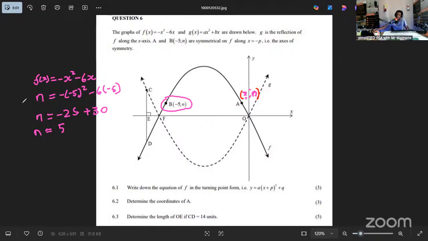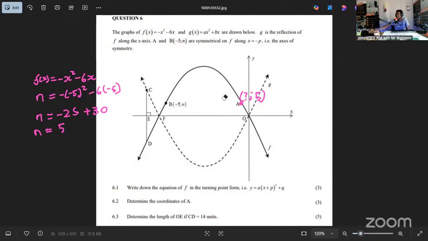So from that point of A, we already have one value. We might not know what this point is, but we know this one is positive 5. So B is minus 5 and positive 5.